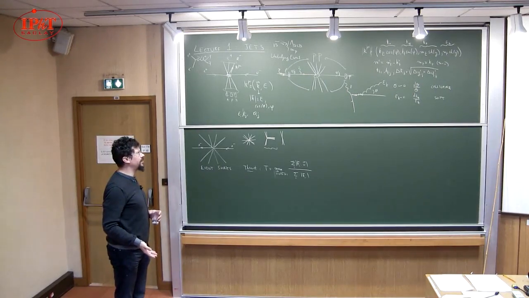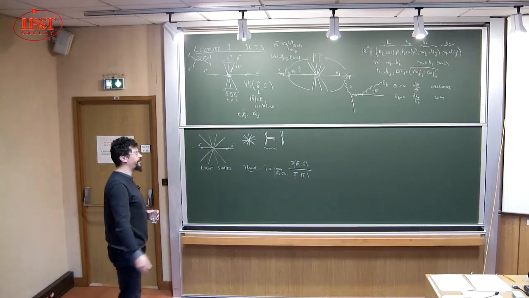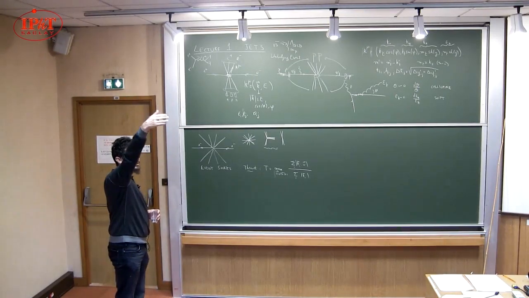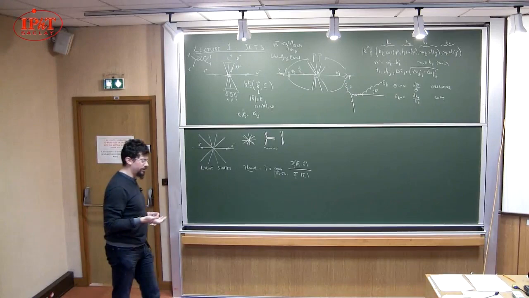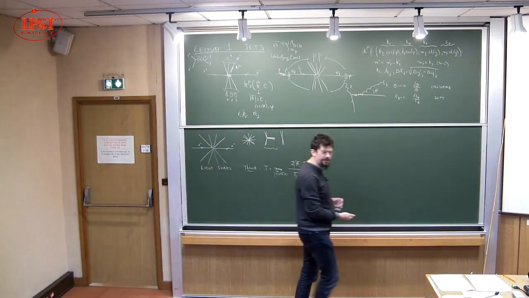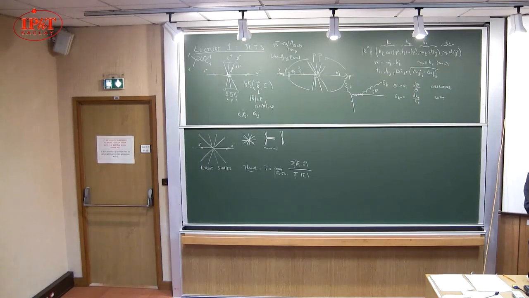Because if you try to calculate that observable in QCD, you'll get a logarithmic divergence, essentially a logarithm of the ratio between whatever your scale is and lambda QCD. And this logarithm is only going to be regulated by whatever non-perturbative phenomenon you're going to have.